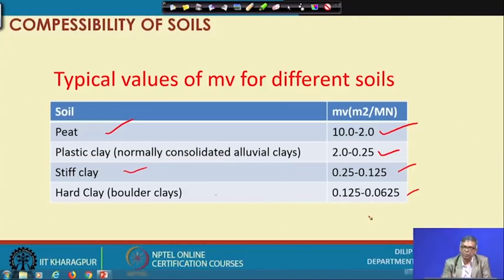Based on the value of MV, we can assess which will undergo more compression and which lesser. You do not necessarily have to remember these typical values, because a range is given, and 10 to 2 is a very high range. So, for use in calculation you need to find it in the laboratory for each soil.